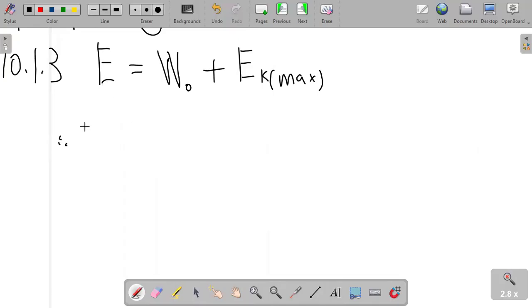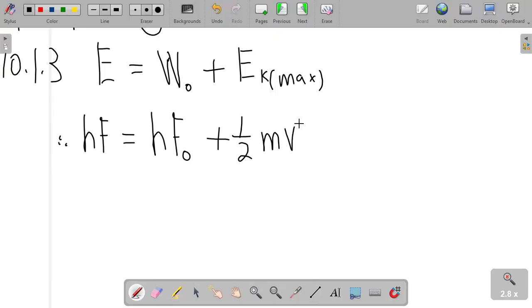We're not given the wavelength. So I'm saying hf equals h f naught, the threshold frequency, plus, and we're looking for the speed here. So we must rearrange this such that we have a speed. It's going to be half m v squared maximum.